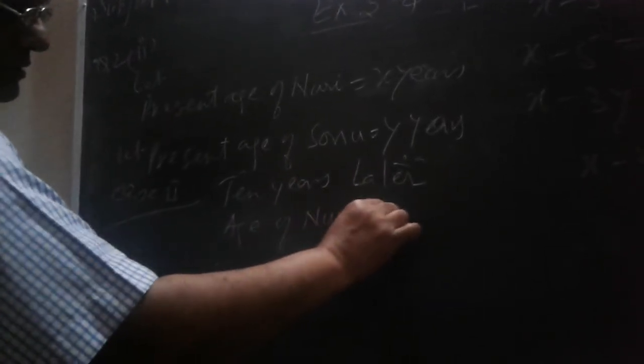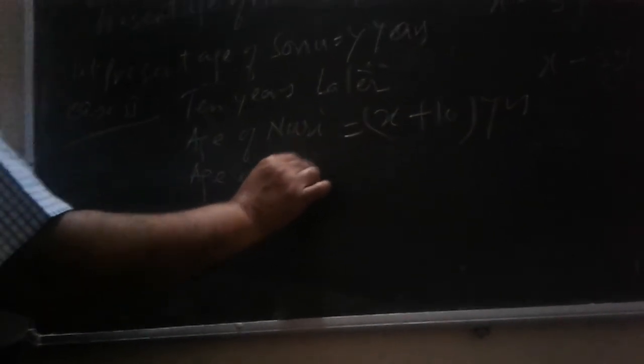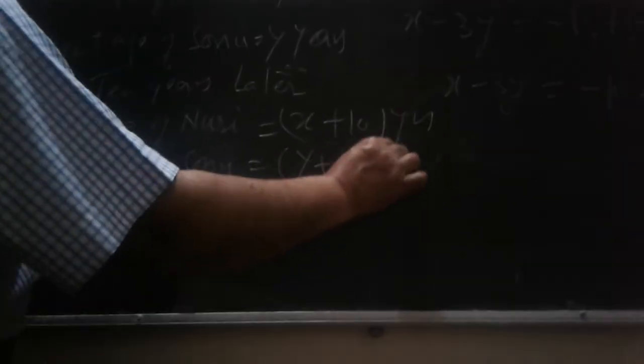Later means plus, ago means minus. In ago we subtract; in later or after we add: x plus 10 years. The age of Sonu, similarly, will be y plus 10 years. ATQ, what is the condition we are given?